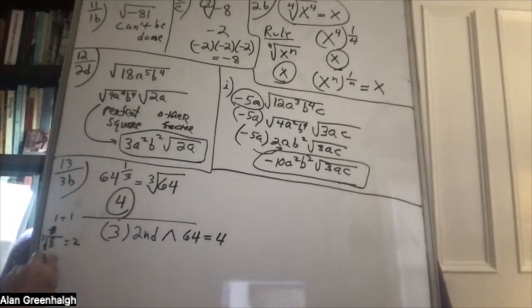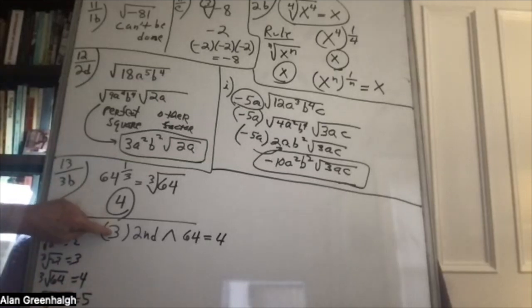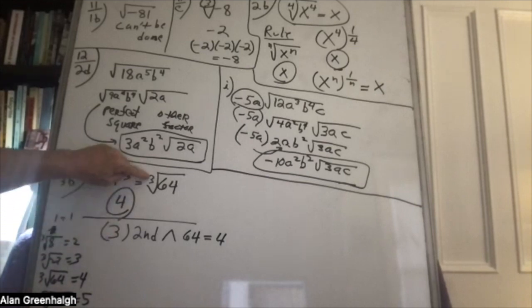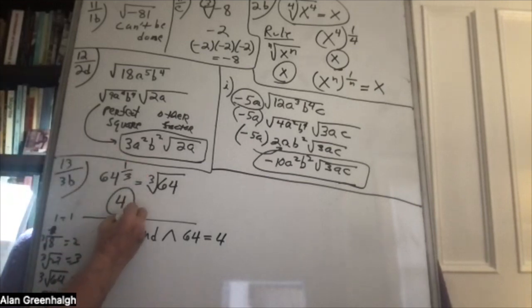The cube root of 27 is 3. This is how I did the problem. It's 4. You'll never have to worry about it. But if you do have to worry, then the calculator's there, and this is how you do it. Whatever the number is, in other words, I got this from here.